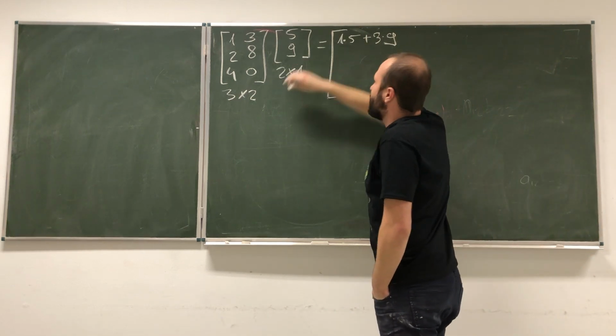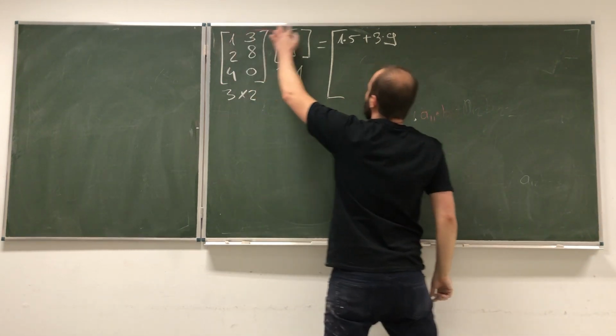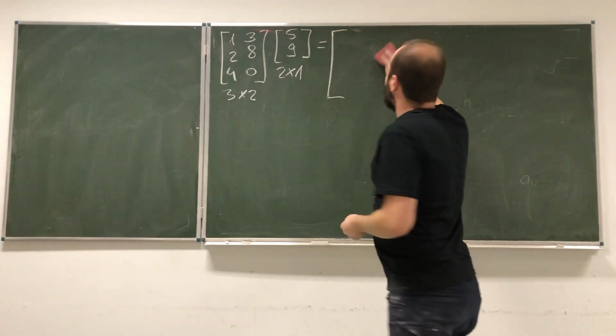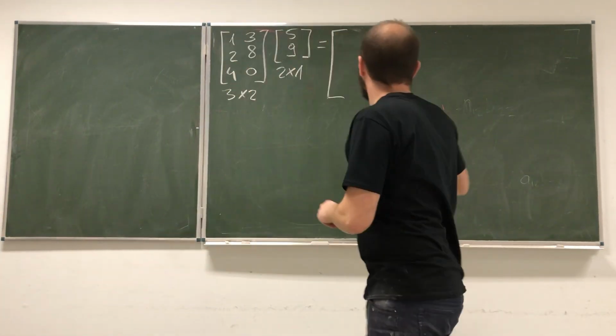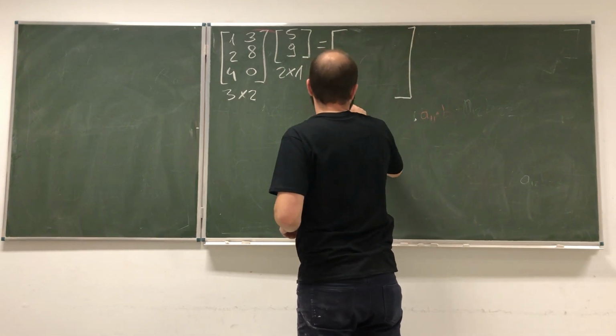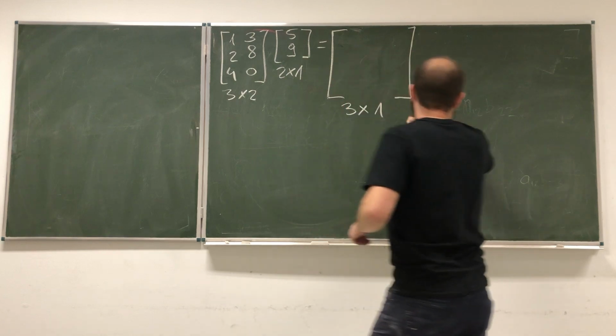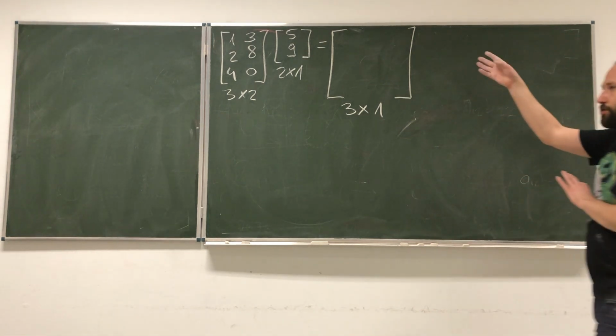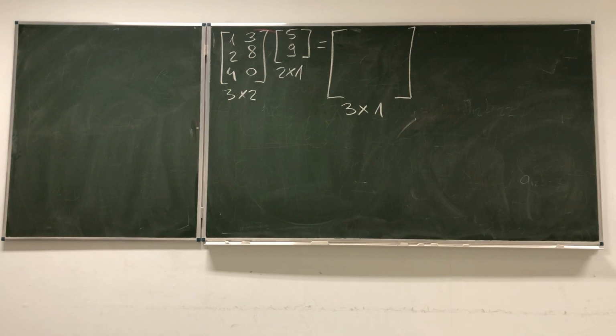This matrix that we've got over here will have dimension 3 by 1, right? So look, actually, each step of the multiplication is also related to the location over here.